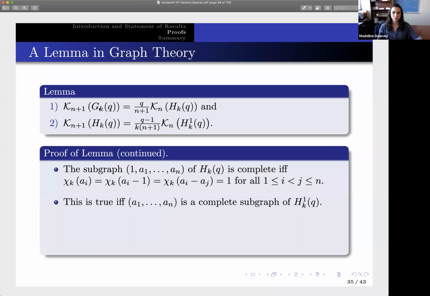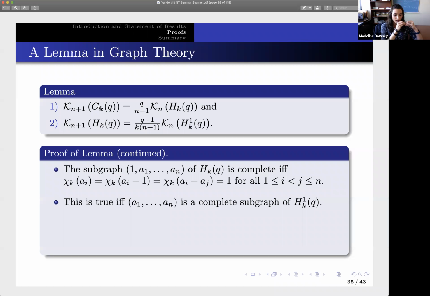It also seems like you'd be able to use this formula to, we also know, this is a vague idea that I've had that I haven't tried. You can go from K2 of Hk1 of q up to K4 of Gk of q, right? So that's what we did. We went from edges of Hk1 of q up to complete subgraphs of order 4.